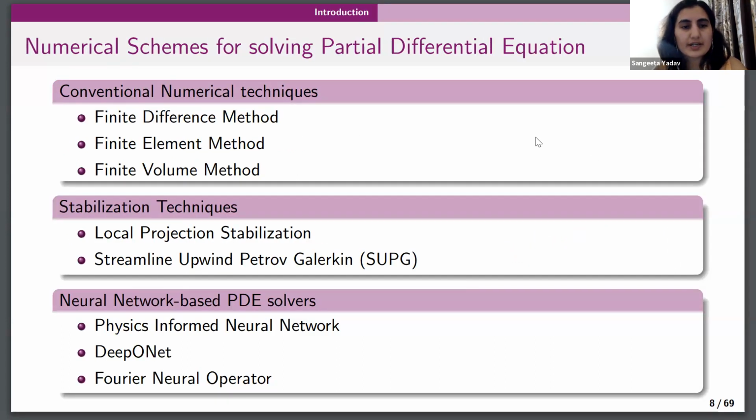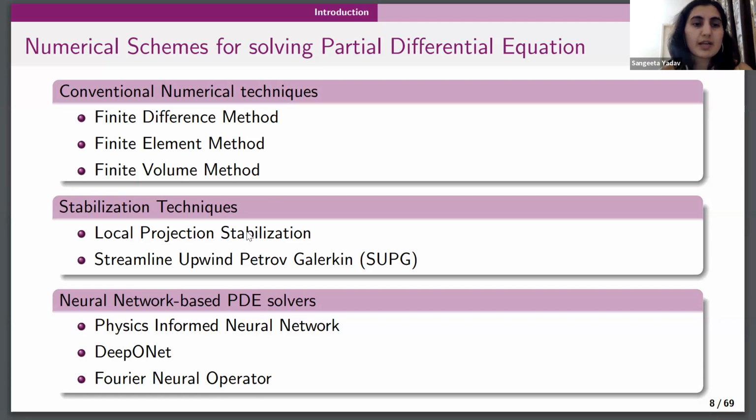These are three categories of the techniques which are in general used to solve any singularly perturbed differential equation. The first class is the conventional numerical techniques such as finite difference method, finite element method, finite volume method. But if we use any of these three techniques, we see spurious oscillations in the solution.